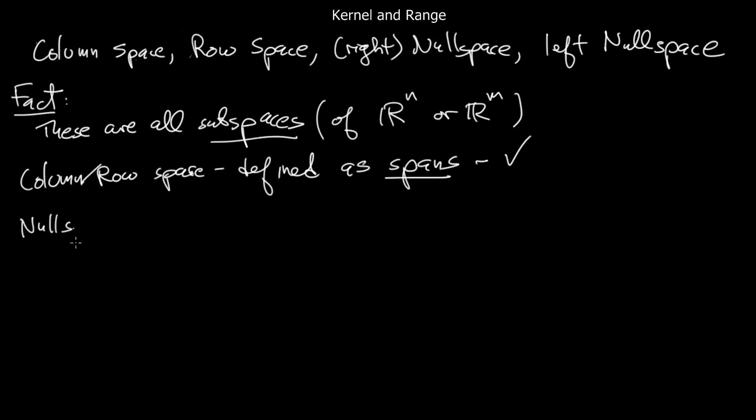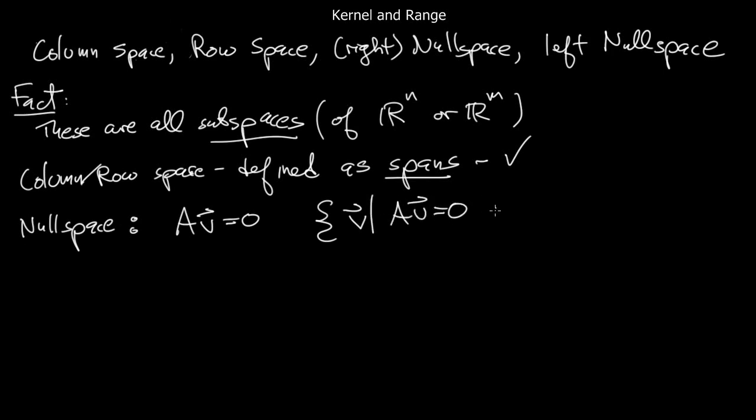But let's talk about the null space, or the right null space. So those are the vectors V such that AV is equal to 0. That is to say, it's exactly the collection of vectors V such that AV is equal to 0. And the claim is that this is a subspace of Rn. Why is that? Well, I have to check.